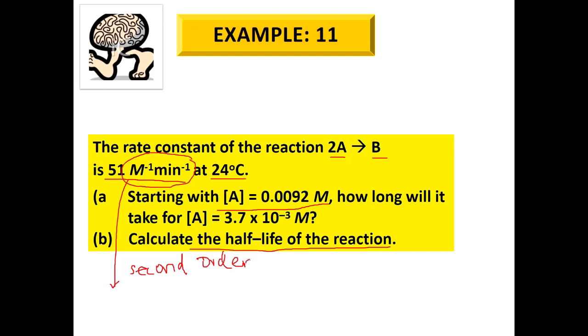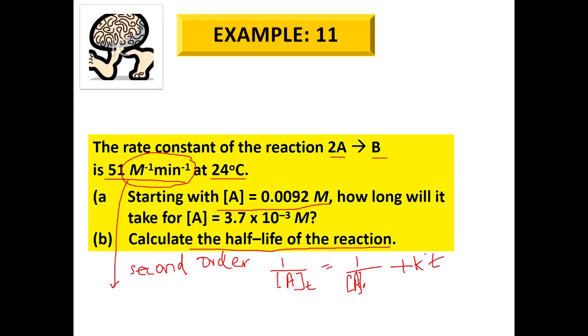Okay, second order. For this example, you can use this equation: 1 over [A]t is equal to 1 over [A]0 for a second order reaction, plus kt.